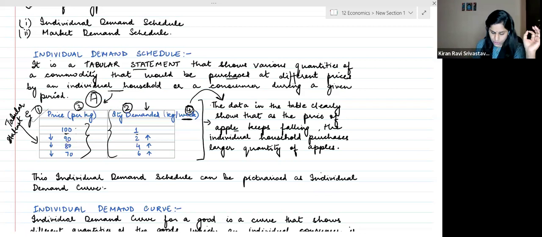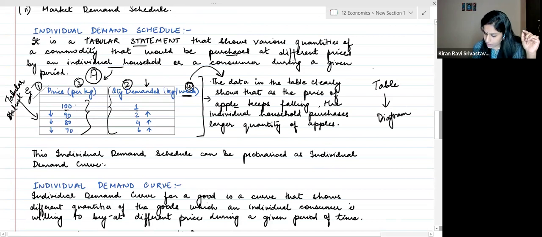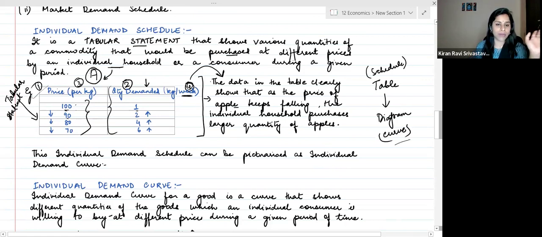So this individual demand schedule can be picturized as an individual demand curve. When it is a table, it is a schedule. And when I convert it into a diagram, it becomes a curve. This is the only difference between demand schedule and demand curve.